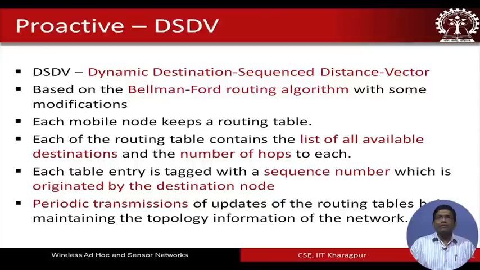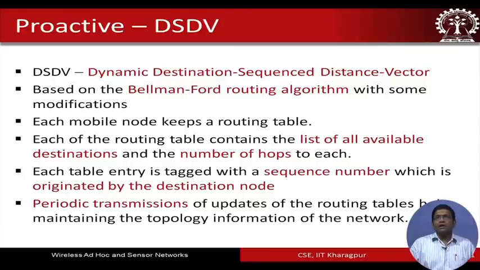This sequence number ensures that the packets that arrive at a particular node are not stale; they are time stamped. Consequently the latest version of the packet that is received is taken, and the previous ones, if received later on, are discarded. So this is the sequence number.